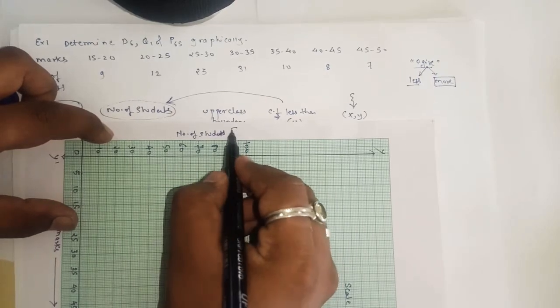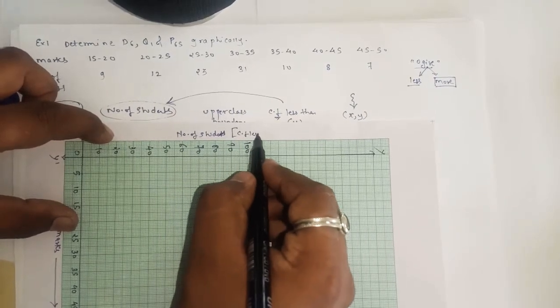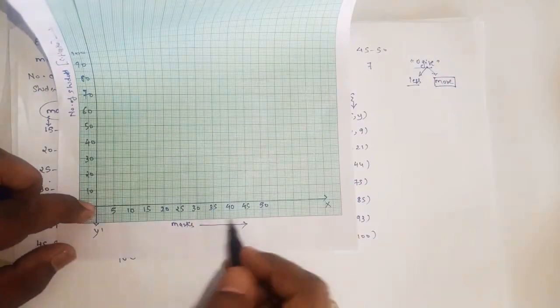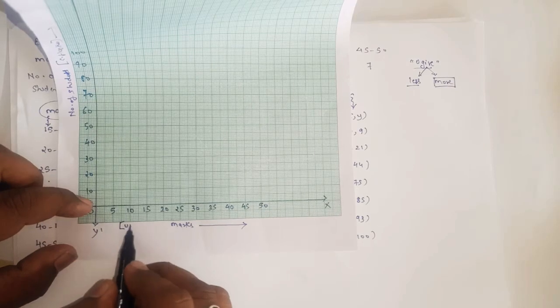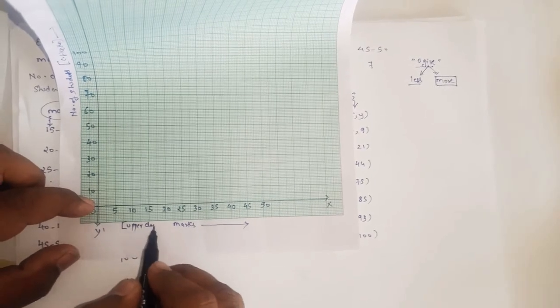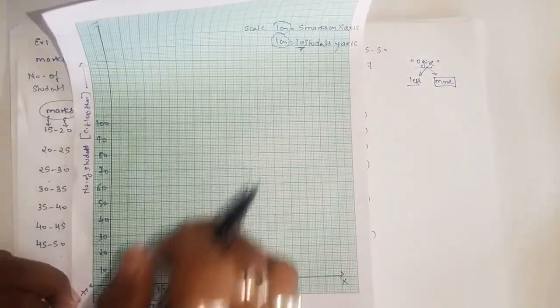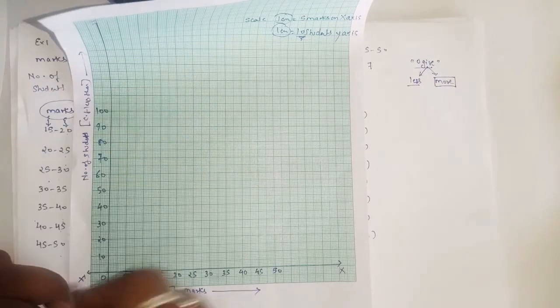Yes or no? But actually it is cumulative frequency, less than. And here you will write marks, but actually those marks are the upper class boundary.